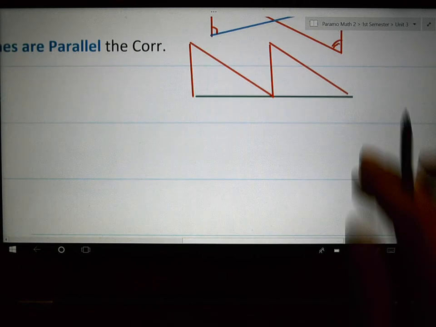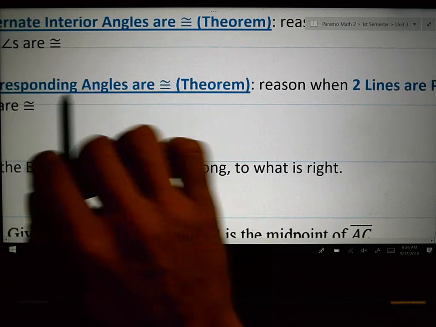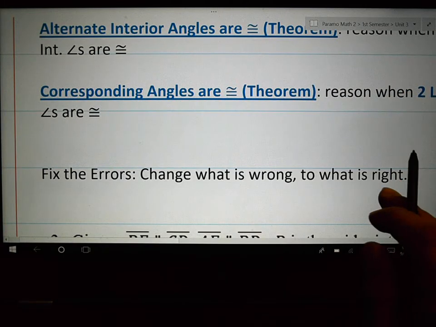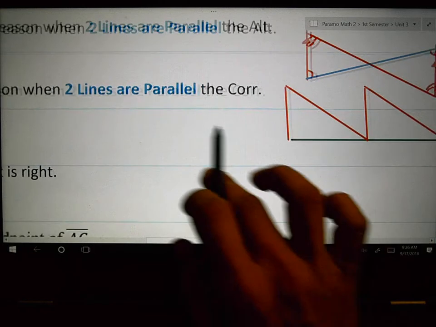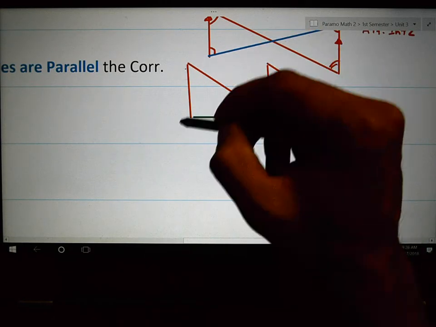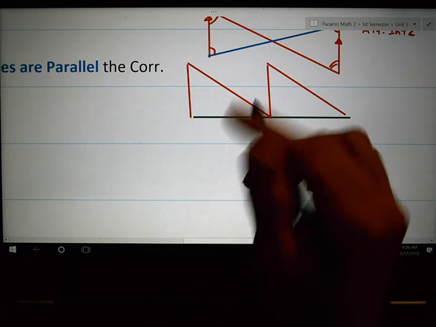I don't know. The other type of angles you will use are something called the corresponding angles theorem. They look like the letter F, in my opinion. When I see two lines that are parallel, here's the sketch that we have.